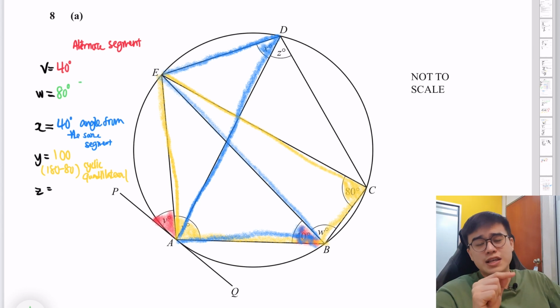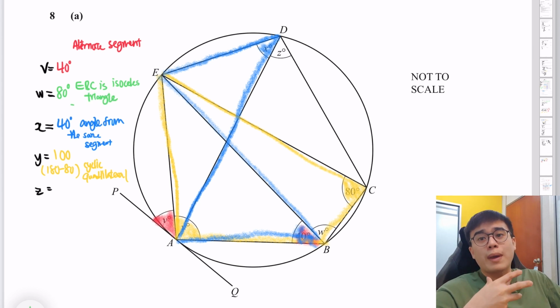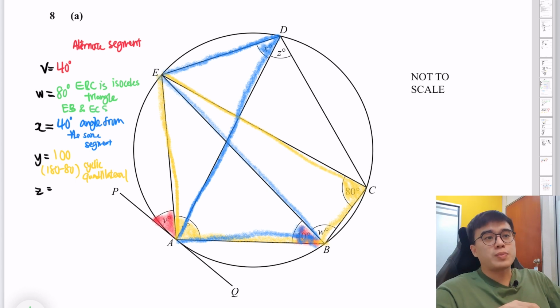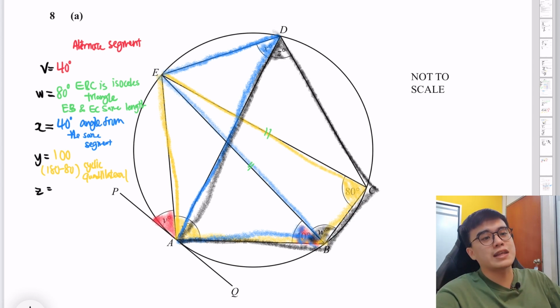They mentioned EC equals EB, which will form an isosceles triangle where W will also be 80 degrees. With this 80 degrees information, we can now focus on Z where it is a cyclic quadrilateral again, where Z plus W plus 40 equals 180. So minus it off, you will get 60 as your final answer for Z.